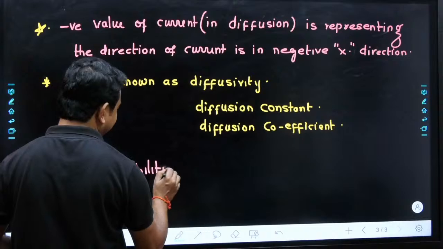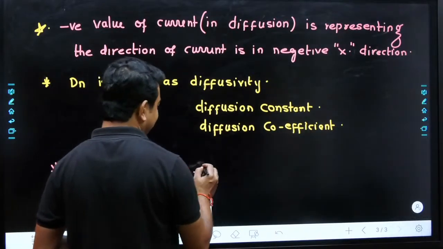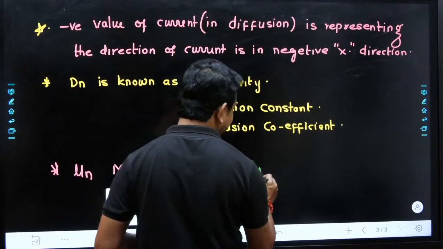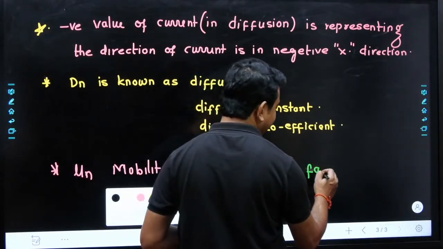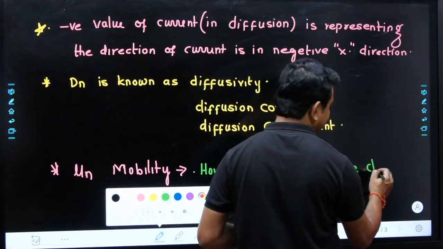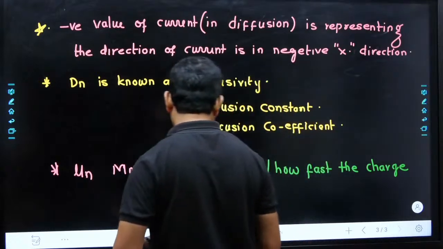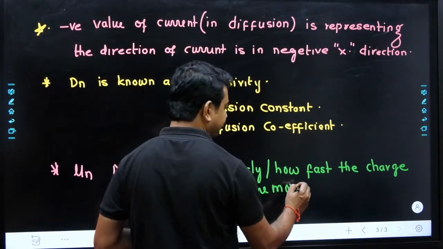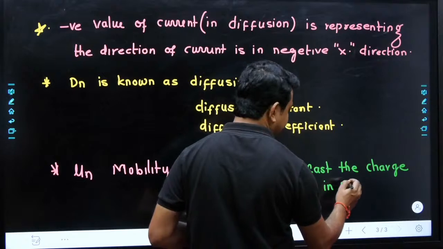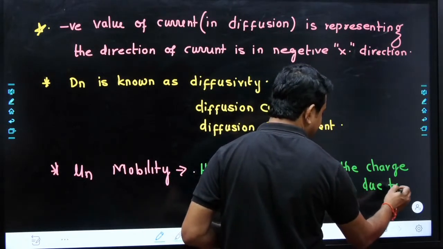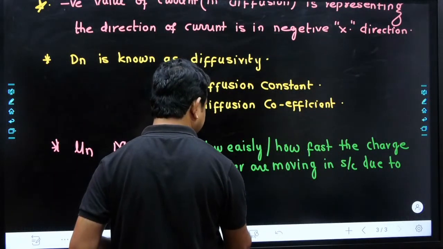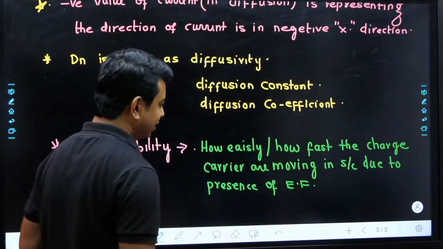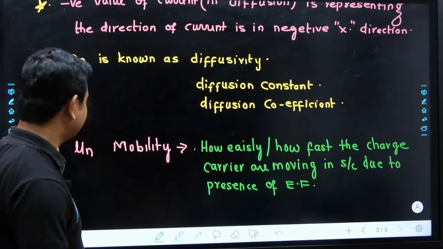Mobility is nothing but the movement of charge carriers, how easily, or we can say how fast, the charge carriers are moving in a semiconductor due to the presence of an electric field.